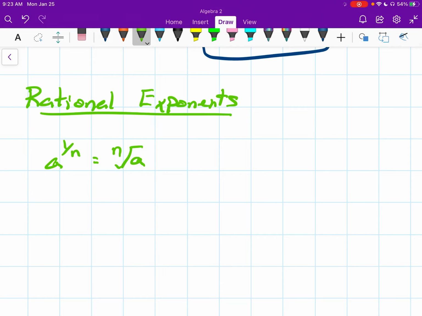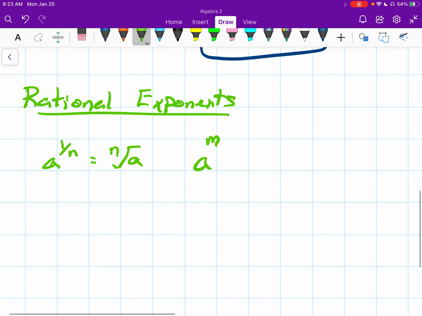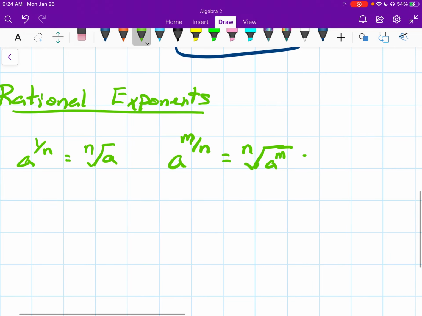Next up, we can say that a to the m over n is the nth root of a to the m. Or we could also say this is equal to the nth root of a, all of that to the m.